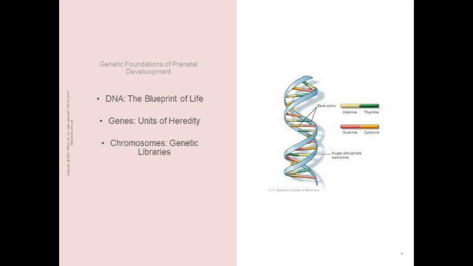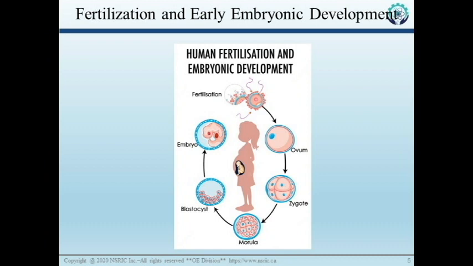Then we have blastocyst formation and implantation. And we've talked about this a little bit as well, but I want to delve into it a little bit more. So first we have that rapid cell division. After fertilization, the zygote embarks on a journey of rapid cell division.